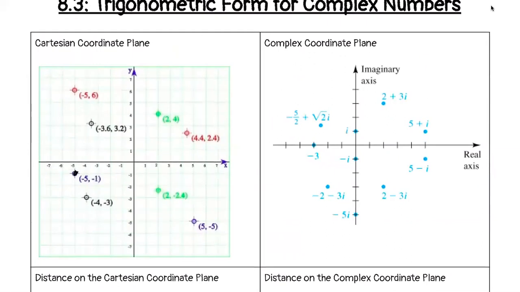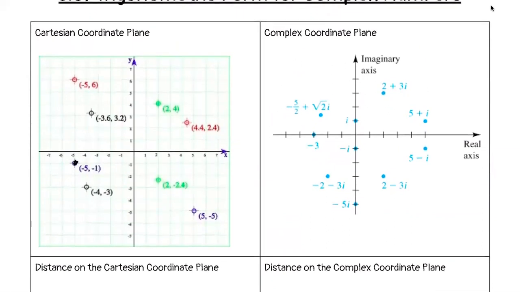Now, in terms of the complex coordinate plane, what we have is instead of having an XY axis, we have a real axis and we have an imaginary axis, okay? And so what we're graphing is not a coordinate like 2, 4 or -5, 1, but rather we're graphing something that looks like this: a plus bi, okay?